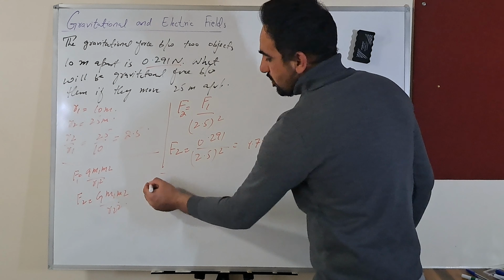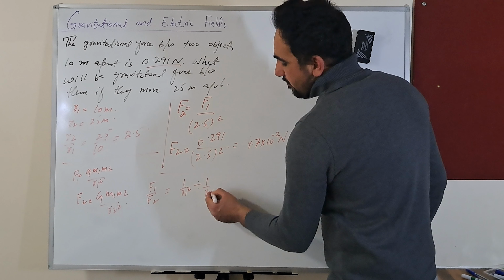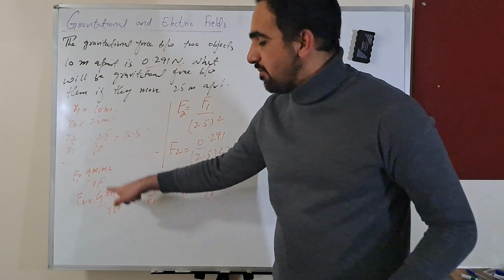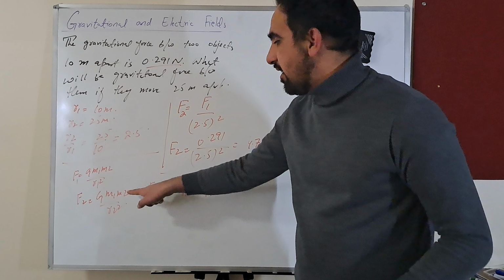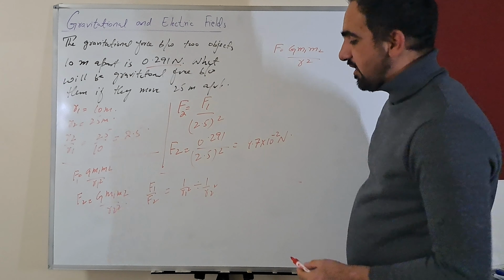F1 divided by F2 is equal to 1 divided by r1 squared, divided by 1 divided by r2 squared. So you divide both equations by G m1 m2, which are common and will cancel out. So what we get, F1 divided by F2 is equal to 1 divided by r1 squared multiplied by r2 squared.